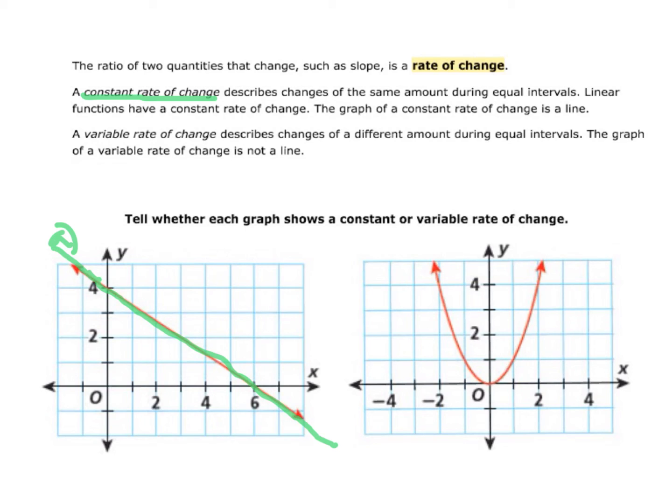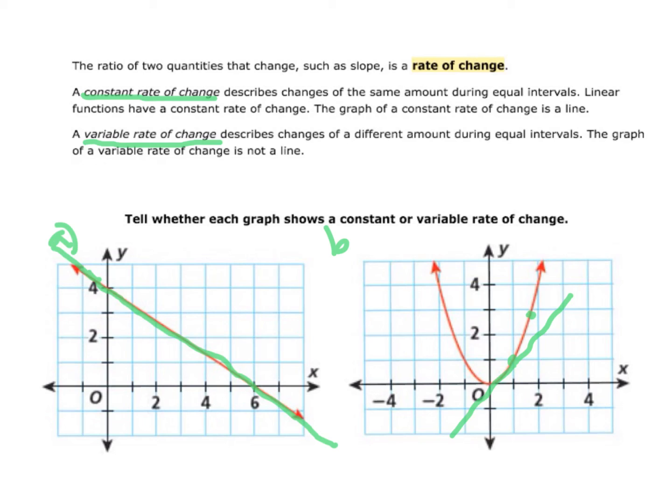The line will continue on the same path forever and ever, which means that our slope is never going to change. On the flip side, a graph that has a variable rate of change is a graph where the slope changes over time. So if we look at graph B, our slope right here looks like our line is traveling in that direction.